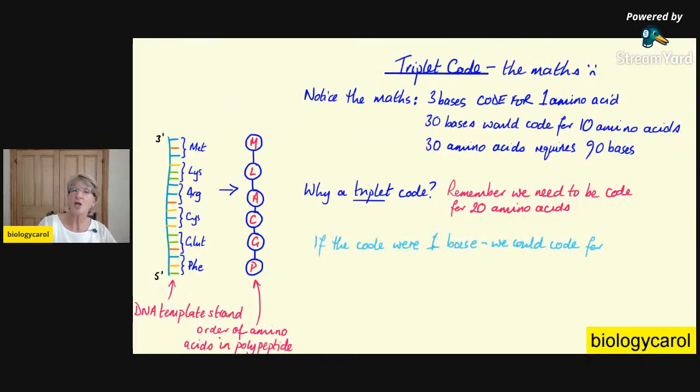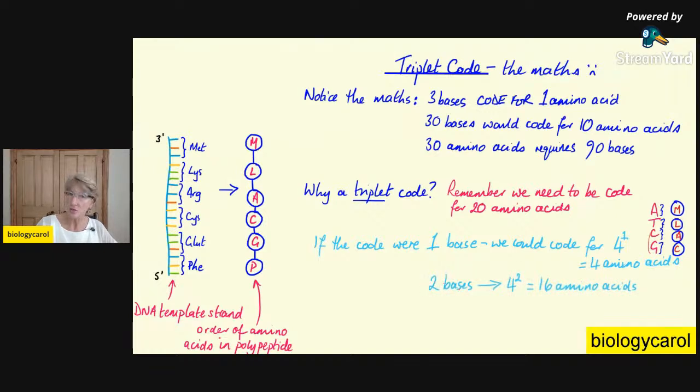Now, if the code was made up of one single base, does it make sense that only 4 amino acids could be coded for, because we only have 4 bases? And that is 4 to the power of 1.